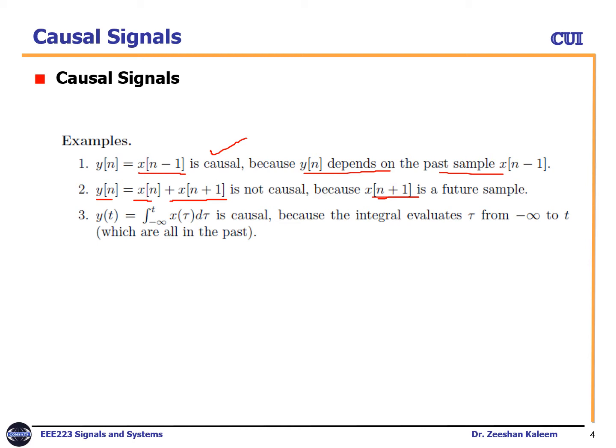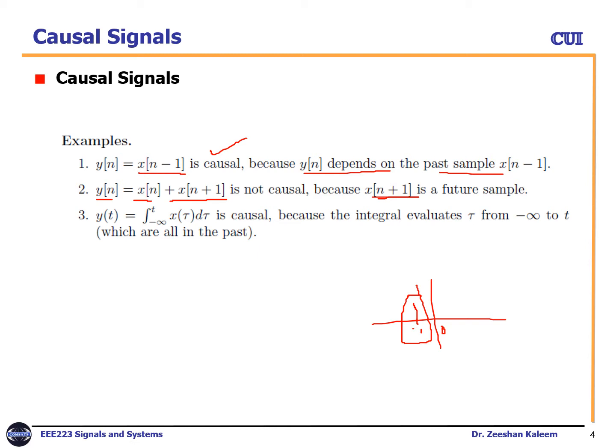It means it is n equal to minus 1, starting from n equal to minus 1 rather than from 0. For example, this is minus 1 and this is 0. So we have a sample already here, and the output depends on this sample which exists at minus 1. When the output depends on a future sample, it is non-causal.